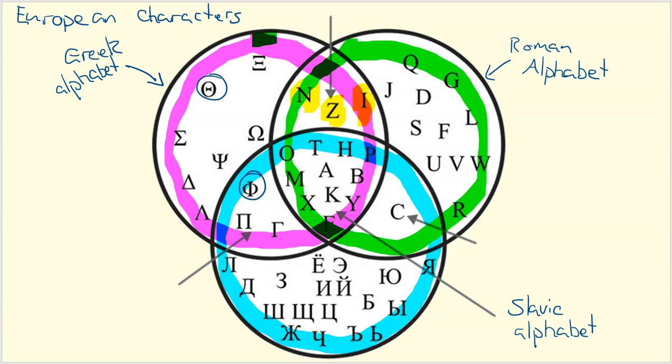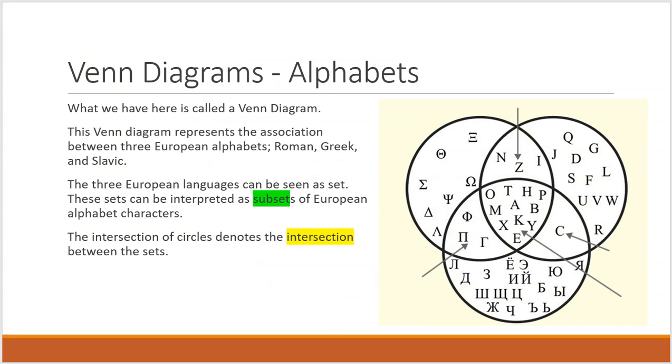These symbols belong to both alphabets. So we could say that these here, the intersection of the Greek and the Roman alphabet, would be eta, zeta, and iota, which would be written as its own set.